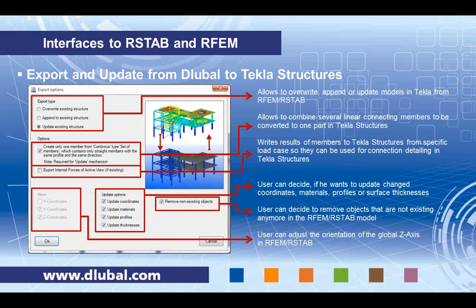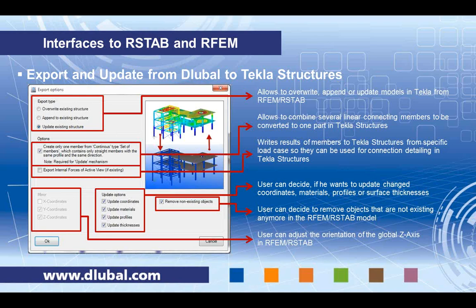The most interesting but also the most difficult part is the update existing structure feature. This will merge a changed Dlubal model with an existing Tekla model. So the typical workflow is that you retrieve a more or less prepared analytical model from Tekla.